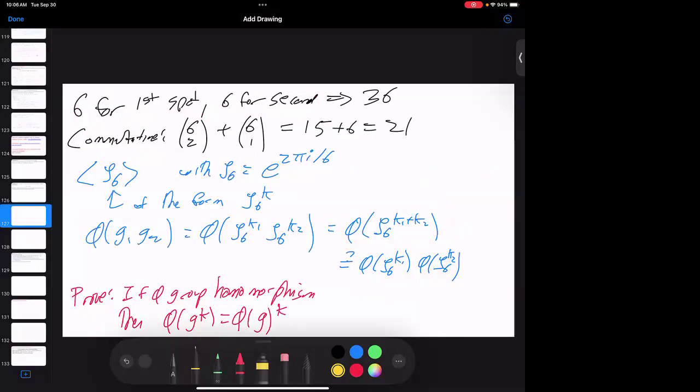That's still a lot to do. But now I know that if I take the generator to the kth power and apply phi, that's the same as applying phi to the generator and then raising it to the kth power. So I can make these calculations a lot easier, and instead of having to check everything, it's going to be really fast.